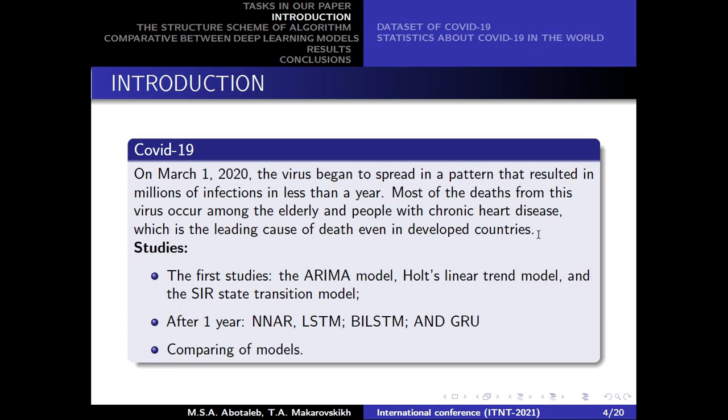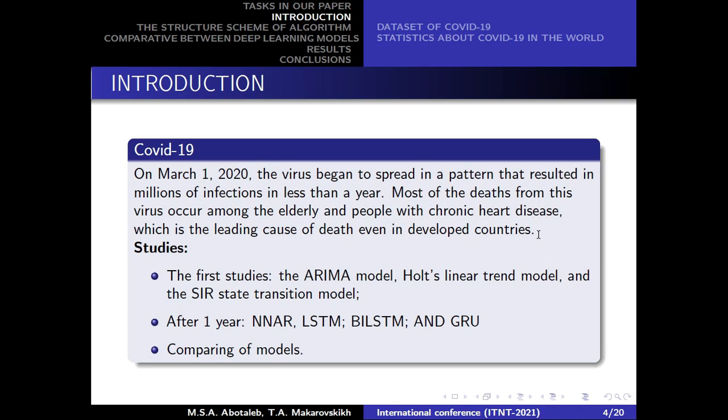Introduction. COVID-19. We know that COVID-19 began in Wuhan in China and then began to spread in the world, which resulted in millions of infection cases in less than 1 year. Most cases from this virus occur among the elderly and people with chronic heart disease, which is a leading cause of death even in developed countries.